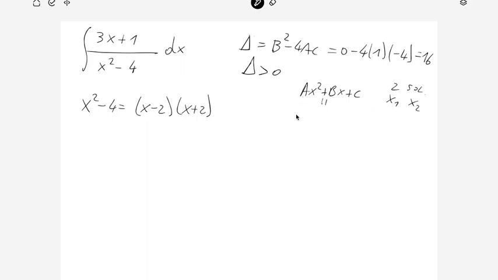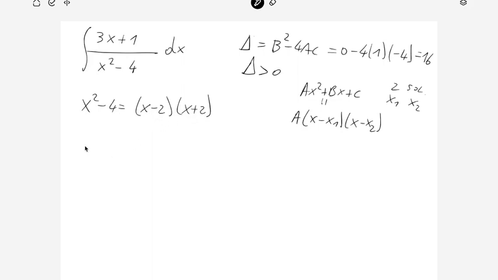Then this function can be factorized in this way: a, the coefficient, times x minus x1, times x minus x2. So this is the rule to factor a polynomial with delta greater than 0. In this case, we don't need to use the rule because this is a difference of squares, and so we can factor immediately x minus 2 times x plus 2.